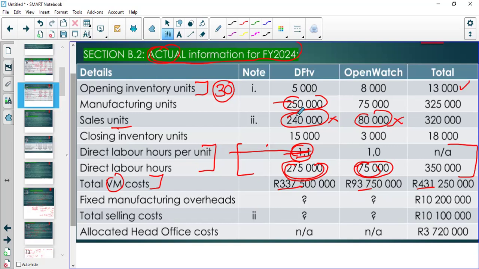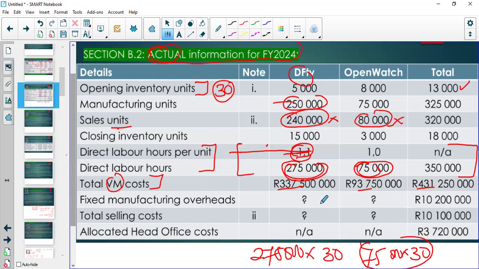So for this one it's 275,000 actual hours, and for each hour we're applying 30 rand. You will remember that. Then this one is 75,000 hours, and for each hour we're applying 30 rand. So this is what we applied.